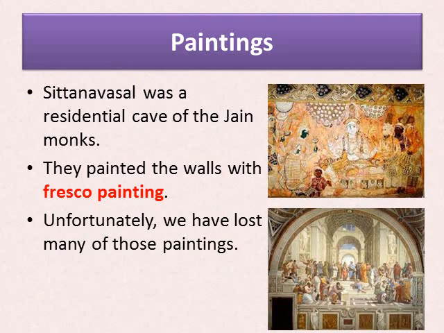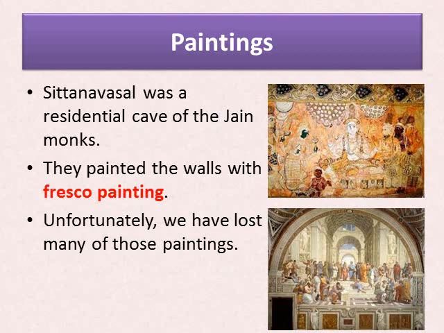Sittanvasal was a residential cave of the Jain monks. They painted the walls with fresco paintings. Now fresco painting, F-R-E-S-C-O, is a type of mural painting technique using water-based paint.